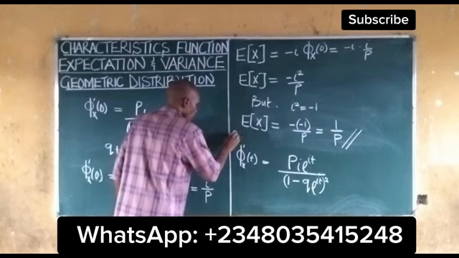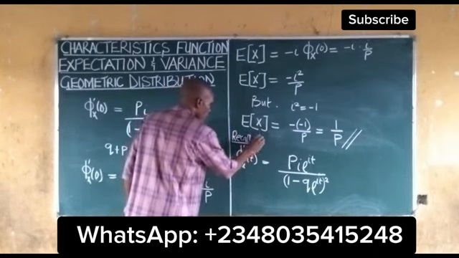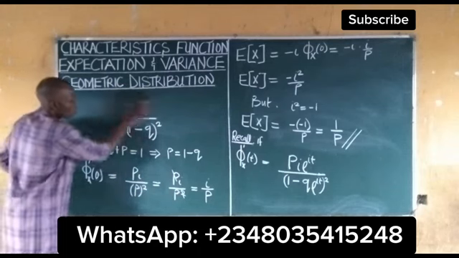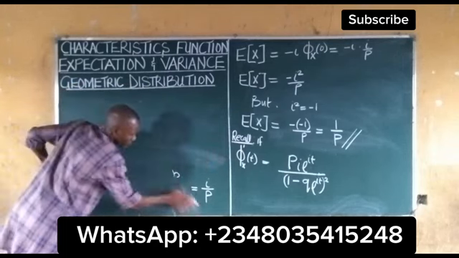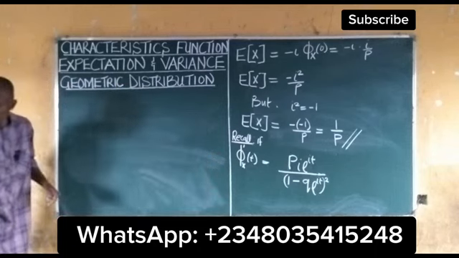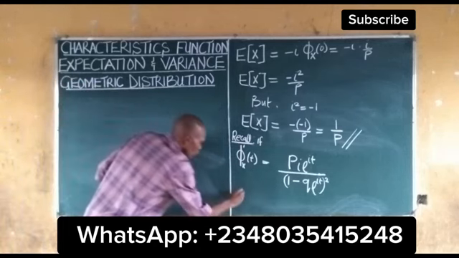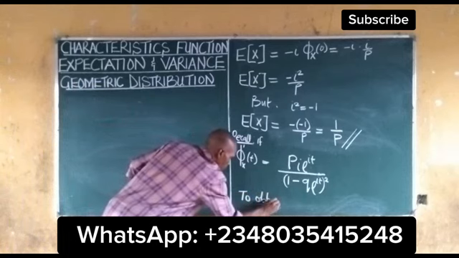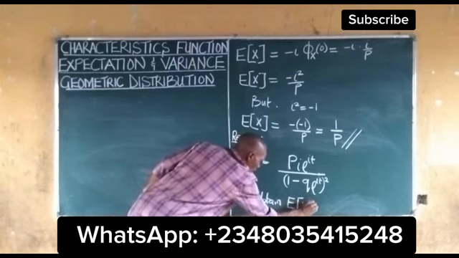We say recall that if this is equal to this, now we move over to this other side to obtain our expected value of x squared.